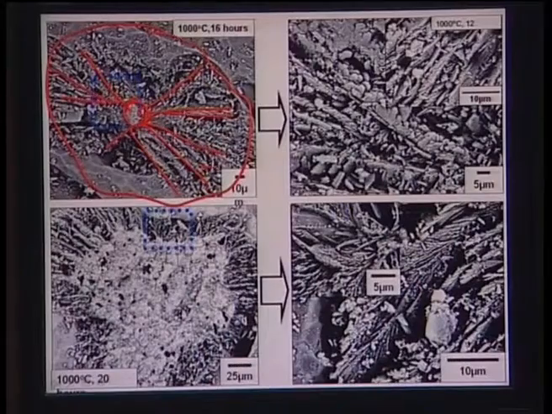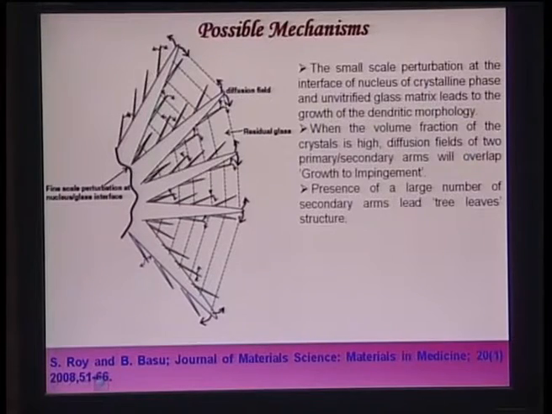If you look at these crystals more carefully, they also have a tree leaf type of pattern. Like a tree leaf, you have one main branch, and from that other branches are also formed. This is a very fascinating type of crystal, and these crystals are only formed when you vary the time.